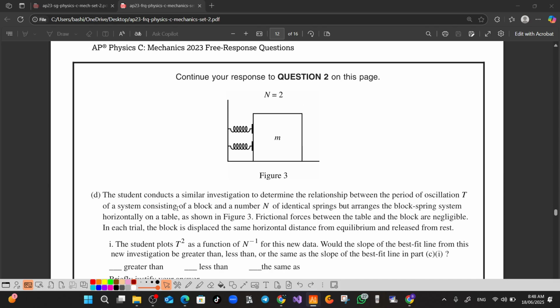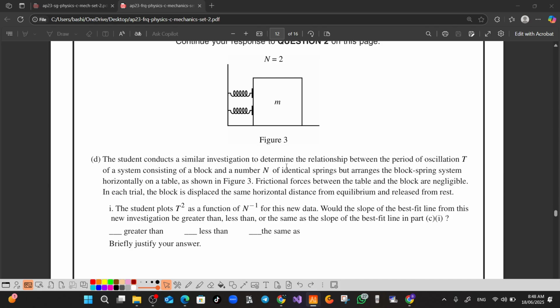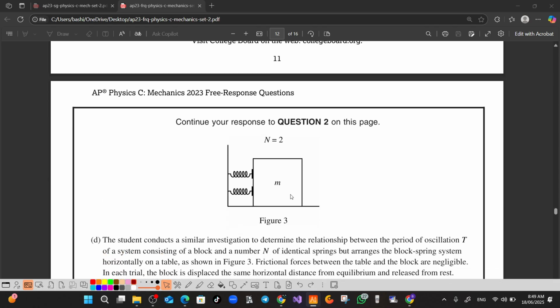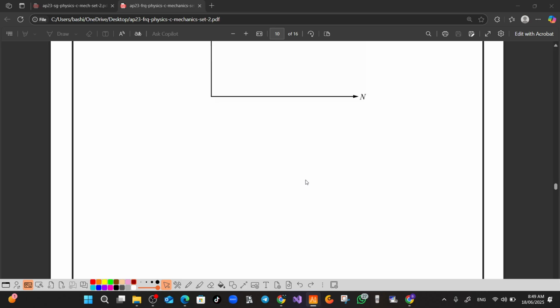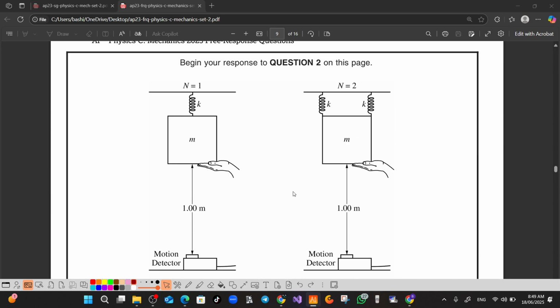Now, the student conducts a similar investigation to determine the relationship between the period of oscillation of a system consisting of a block and the number n of identical springs, but arranges the block-spring system horizontally instead of vertically. So we maintain the same experiment, however, we change the configuration of the system.